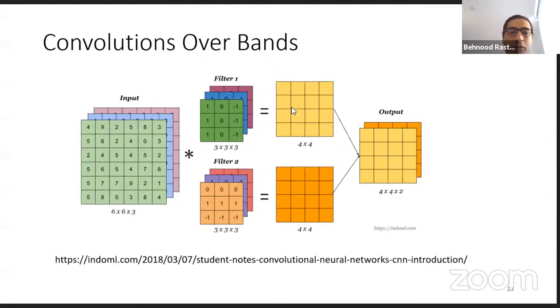In this case, we use 2 filters, and then you concatenate the outputs of the filters. So the number of bands of your output is the number of filters that you select. This is called convolution over bands, or convolution over volume.